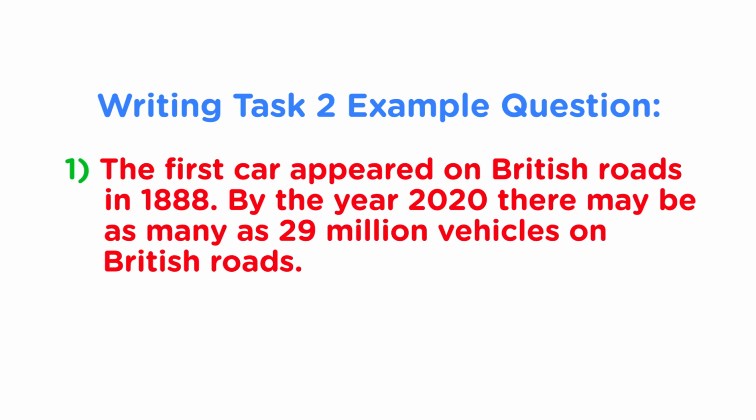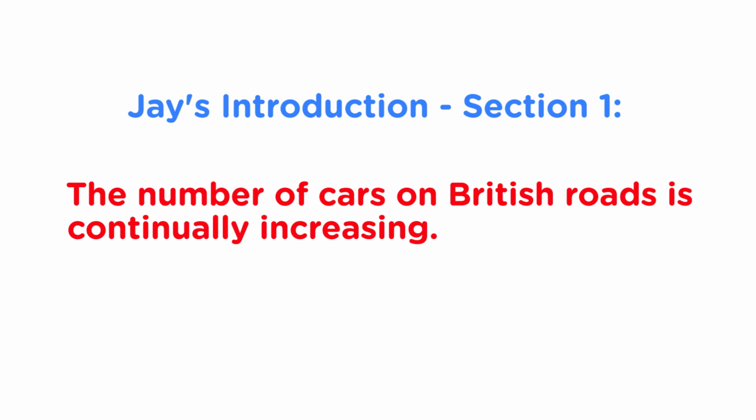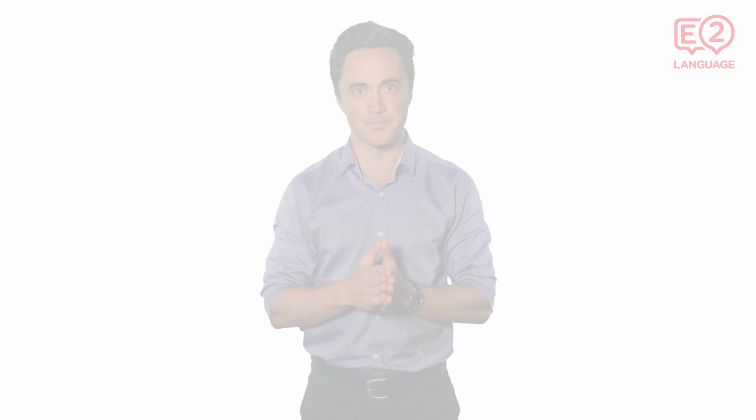By the year 2020, there may be as many as 29 million vehicles on British roads. I rewrote this to say, the number of cars on British roads is continually increasing. What I have done is summarized section 1 into a single sentence. It's broad, but it captures the main idea.